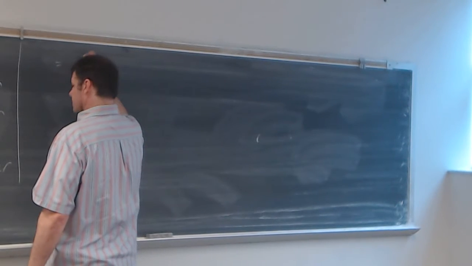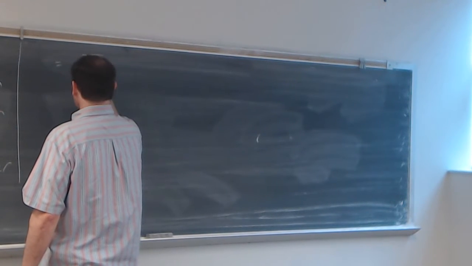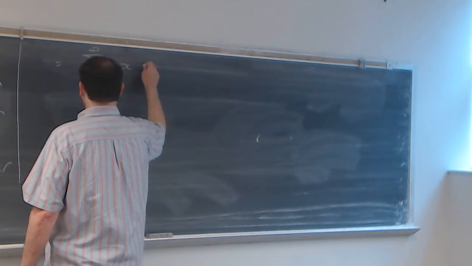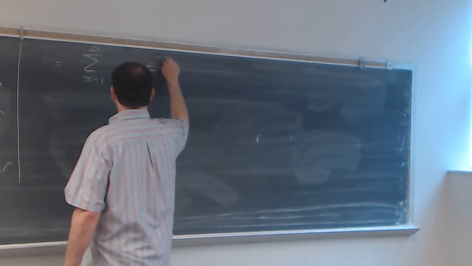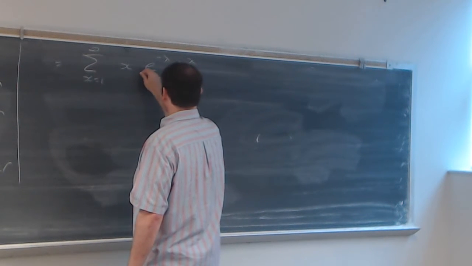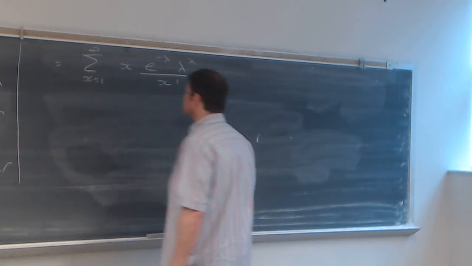So that's equal to the sum as x runs from 1 to infinity of x e to the minus lambda, lambda to the x over x factorial.